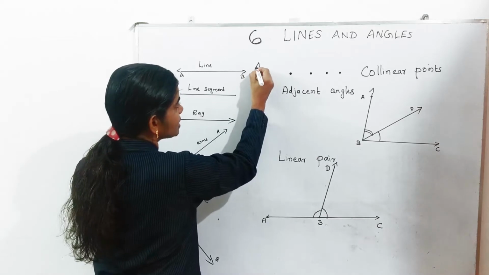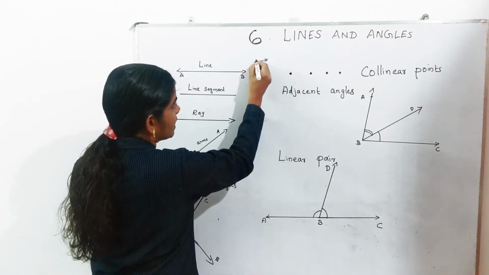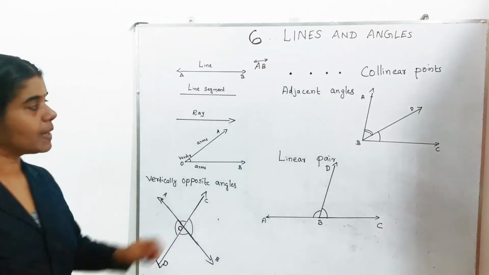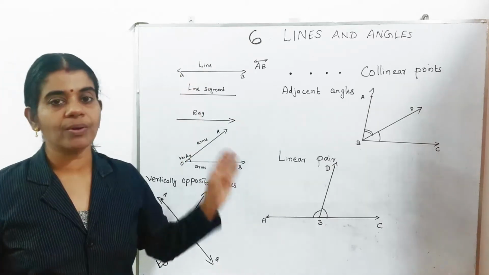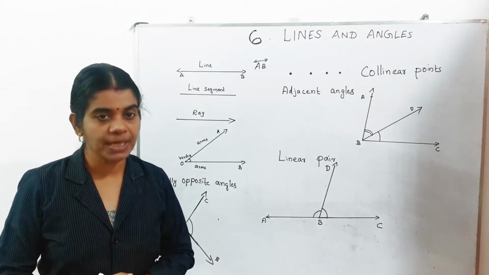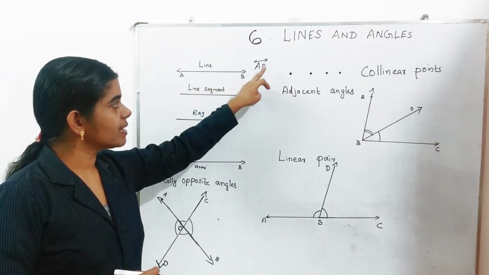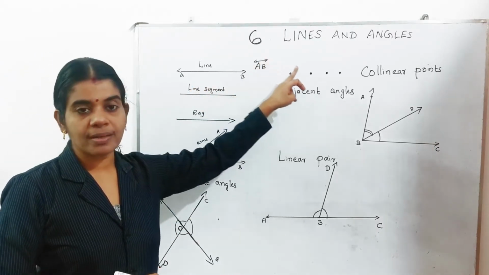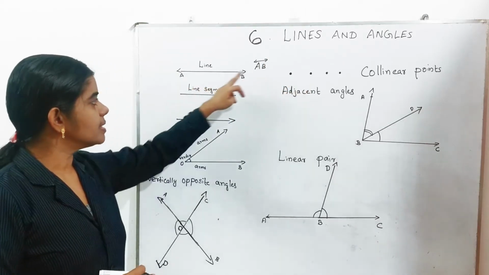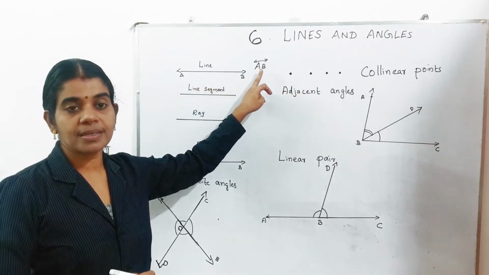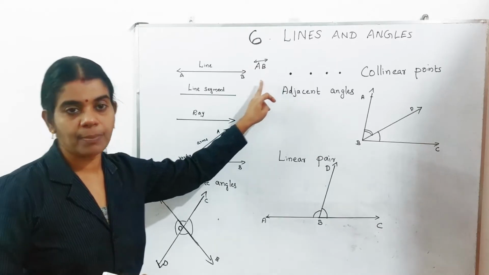We will write AB and draw a line above it. A line means both ends are going on, so it does not have a definite length, and it is represented by AB with a line on top. Therefore, you read this as line AB.